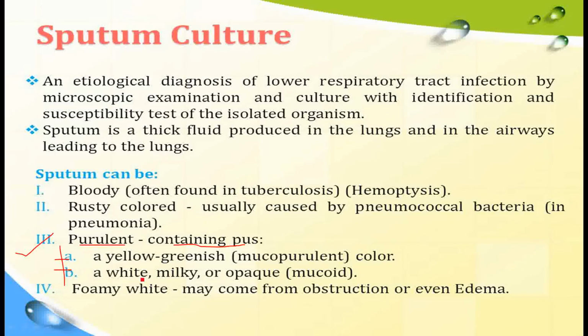First one is yellow, greenish or mucopurulent. Second one a white, milky or opaque or mucoid color. Fourth type of sputum can be foamy white and it may come from obstruction or even edema.